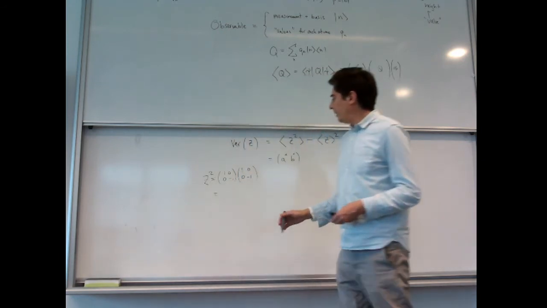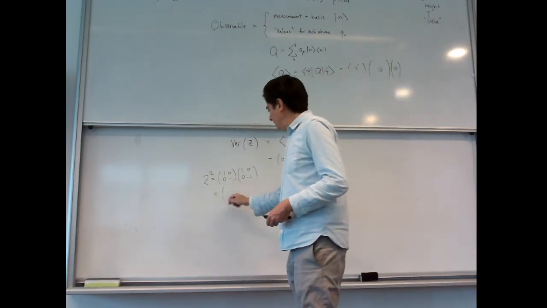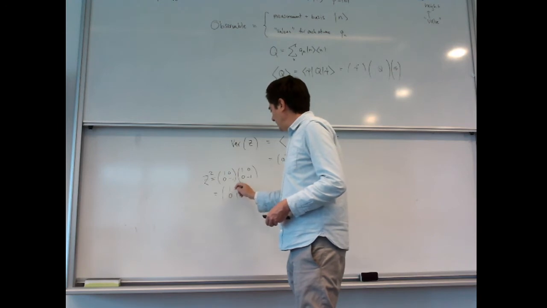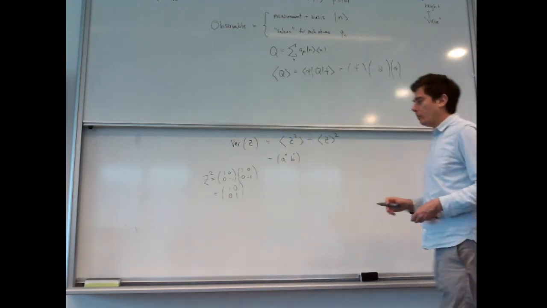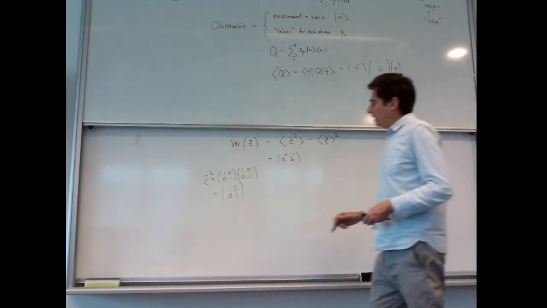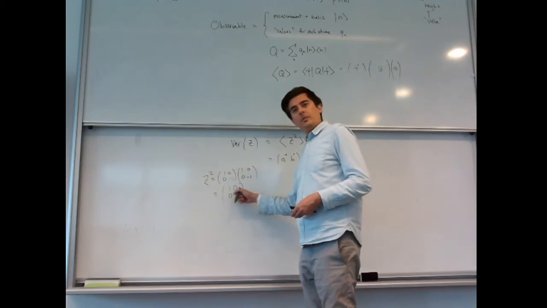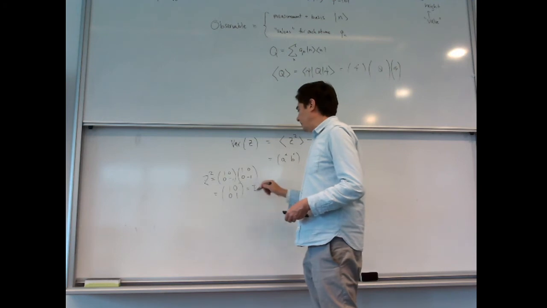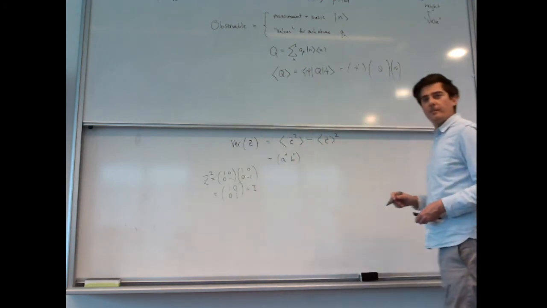And if you do that, what you'll notice is it's 1, 1 along the diagonal. Actually, the Pauli operator squared is equal to identity, it turns out.